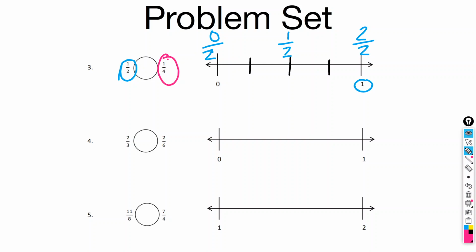So at the first line we have 0 fourths, 1 fourth. At the same line as 1 half we have 2 fourths. This line is 3 fourths. And at the same spot as 2 halves we have 4 fourths, which is also 1 whole.